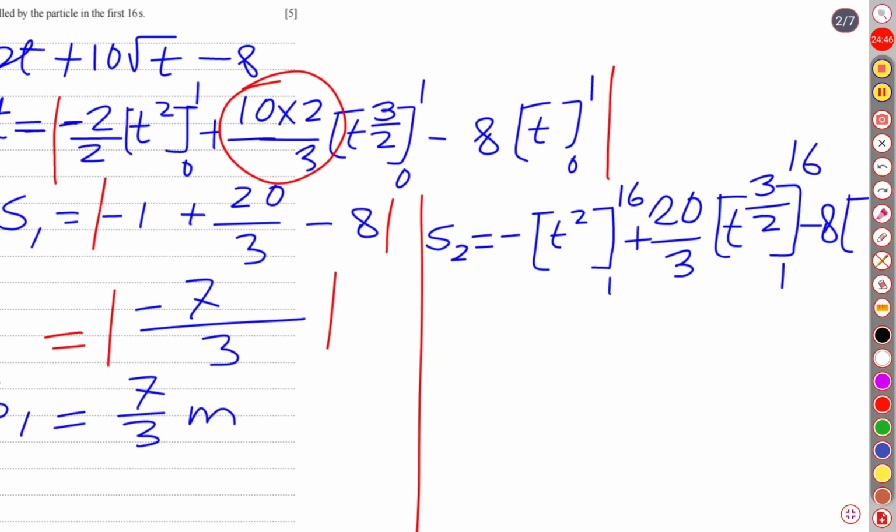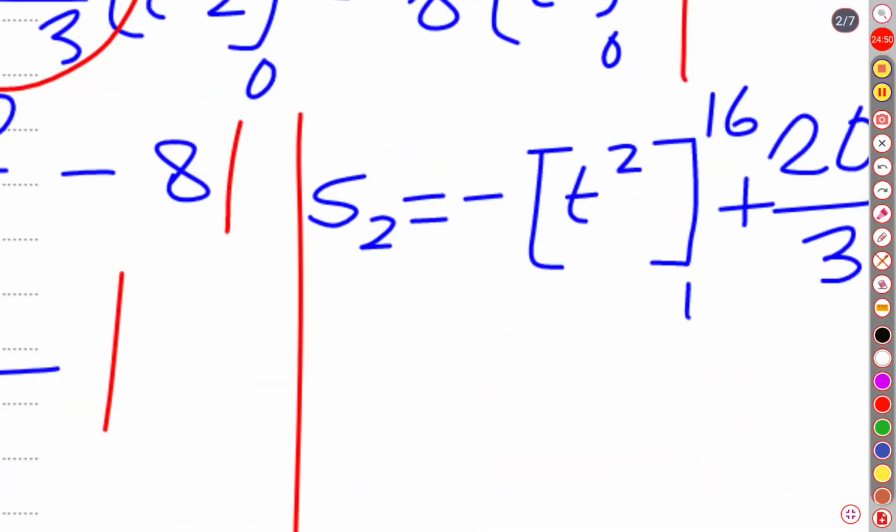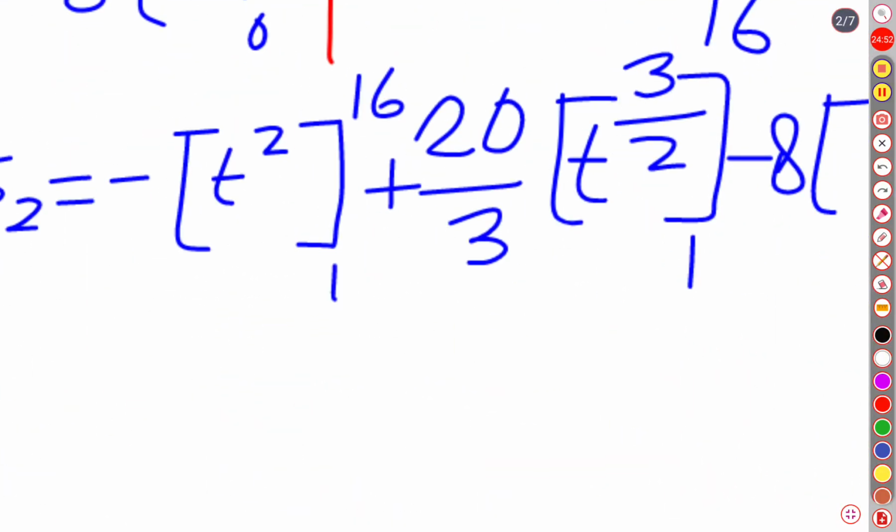As there is a shortage of space, let me zoom it out. And I will have to erase some of the parts here. Then it is going to be t, and the time span is 1 until 16.